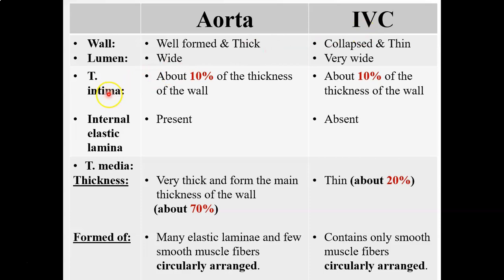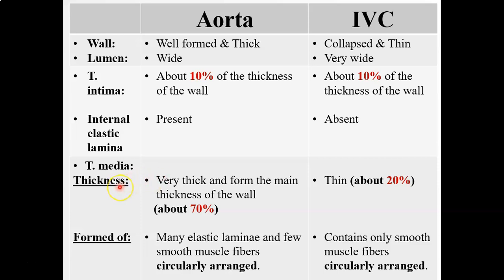Tunica intima represents 10% of the thickness of the wall in the aorta, with presence of internal elastic lamina. Also, it represents 10% of the wall of the inferior vena cava, but no internal elastic lamina. Second layer is the tunica media.